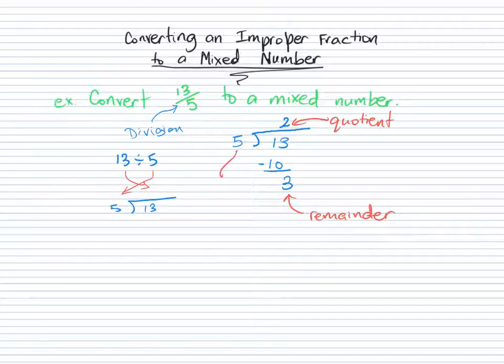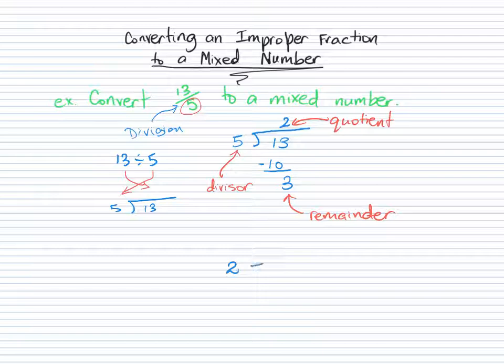And the number at the bottom of the fraction is called the divisor. The divisor was at the bottom of the fraction initially, and it will continue to be at the bottom of the fraction. The whole number part of our answer is the quotient. So that 2 is the whole number part of our answer.